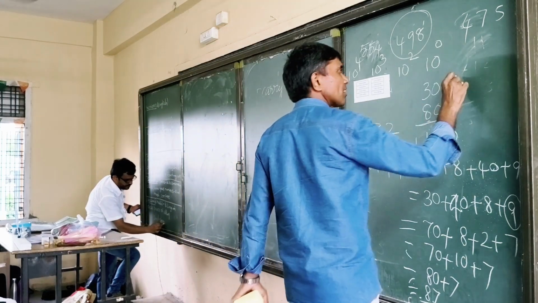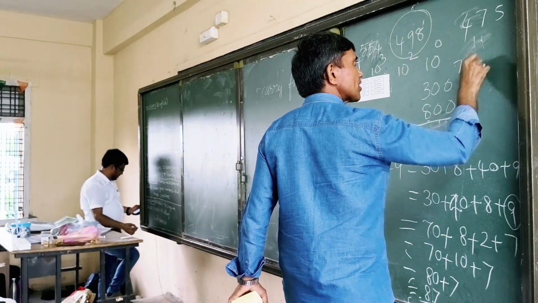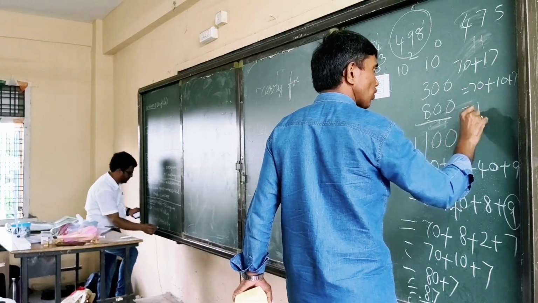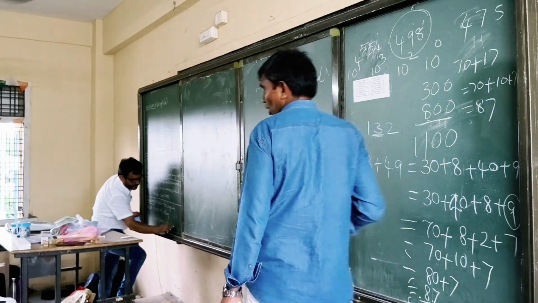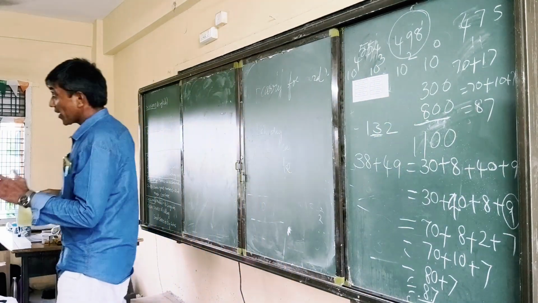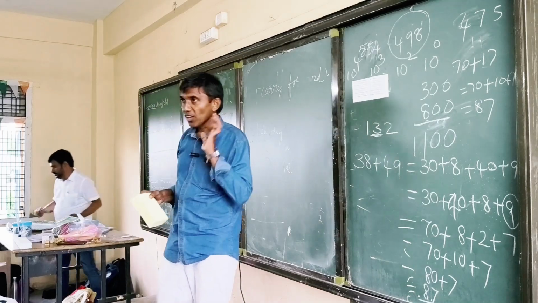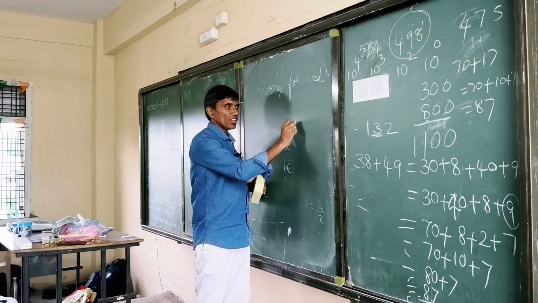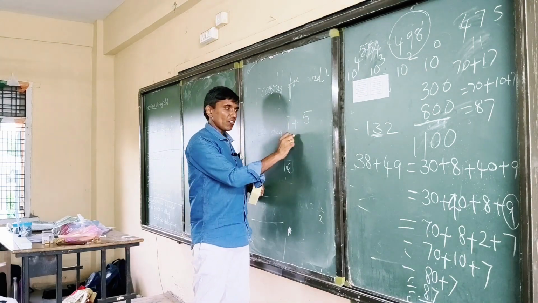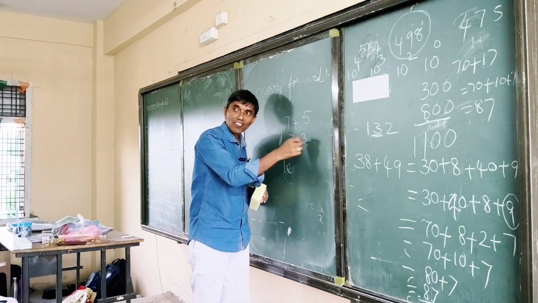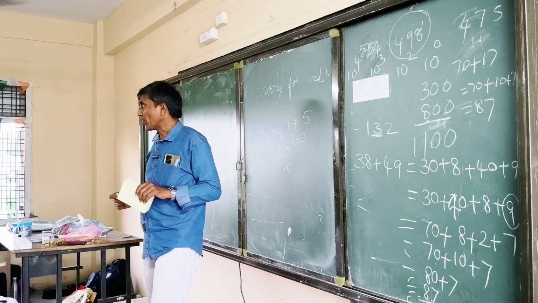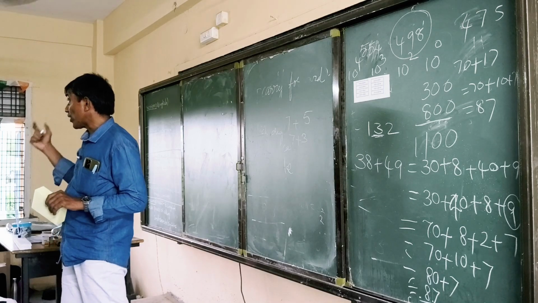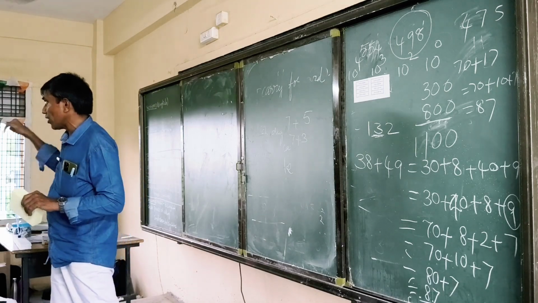For example, you say 70 plus 17 is equal to 70 plus 10 plus 7. It is also correct. There are no other arguments about that solution. But in any addition, 7 plus 5, how far is 7 from 10? Always we are provoking thought in the child's mind.